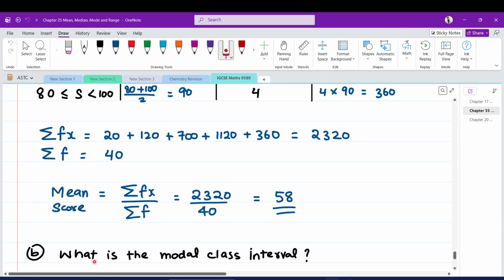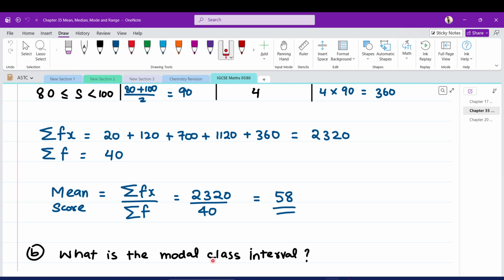The next question is, what is the modal class interval? Now, this question is equivalent to asking what is the mode. But to find the mode, we need to know an exact value, but we do not have the exact values. So instead, we can find out, we do not know what the mode is, but what is the modal class interval?